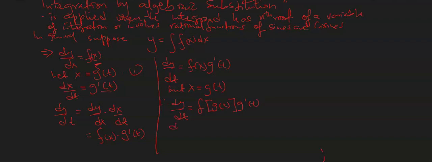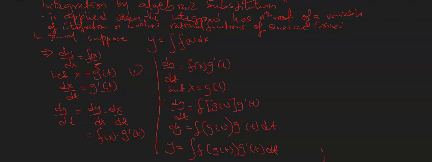And we can say that dy will then be f of g of t, g prime of t dt. And therefore y, if you integrate both sides, will be the integral of f of g of t, g prime of t dt.